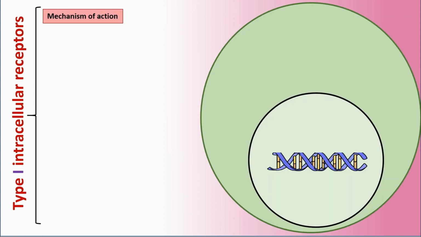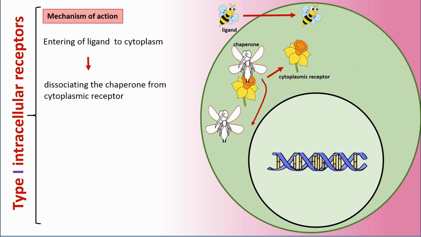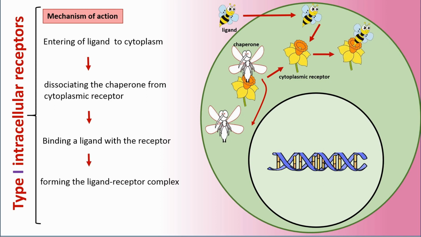Mechanism of action. Entering of ligand to cytoplasm. Then dissociating the chaperone from cytoplasmic receptor. Binding a ligand with the receptor. After that, forming the ligand-receptor complex.